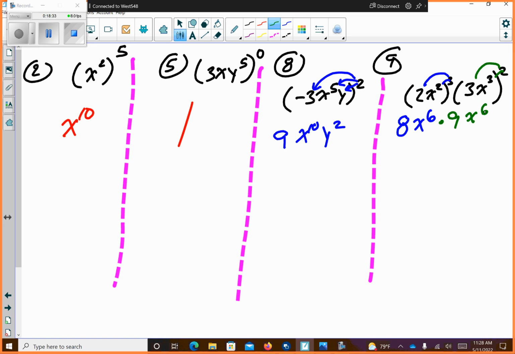What should we do with the 8 times 9? Multiply, 72, right? And what did the x's become now? 12, good. So we might have that blue and green answer listed, and then we might have the real answer. So be cautious on that, okay? Be cautious about that.